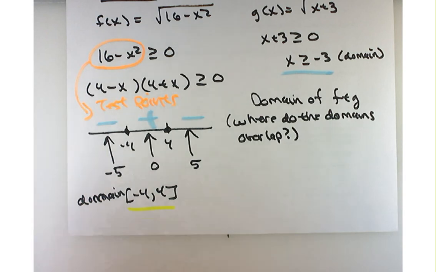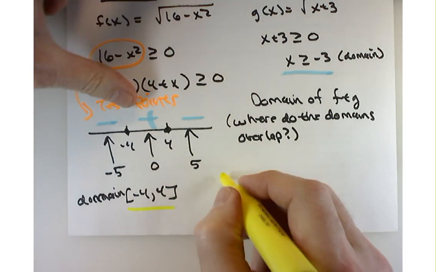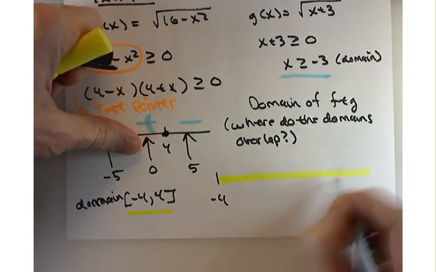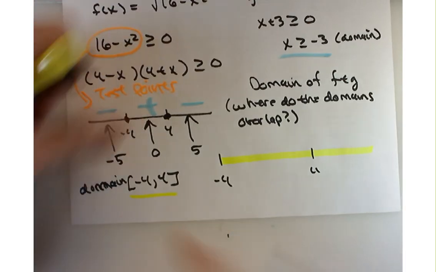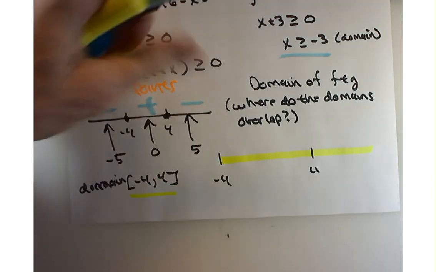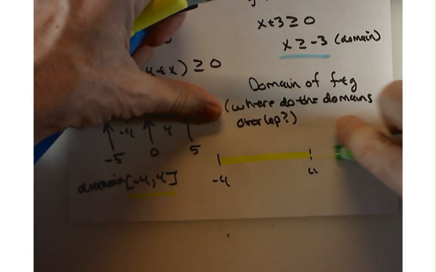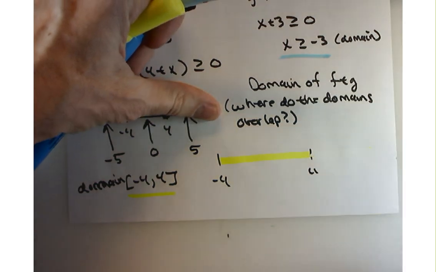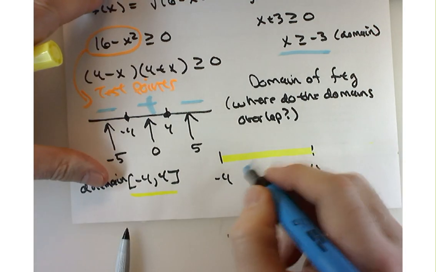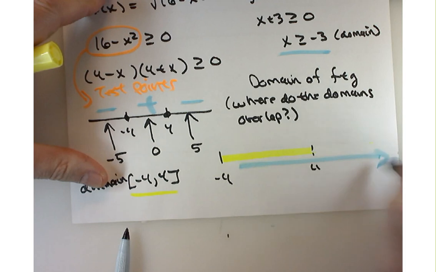Let's graph it and see if we can figure it out. On the one hand, I've got a domain from -4 to 4. That's the domain for this graph. And then the other domain is from -3 to infinity.